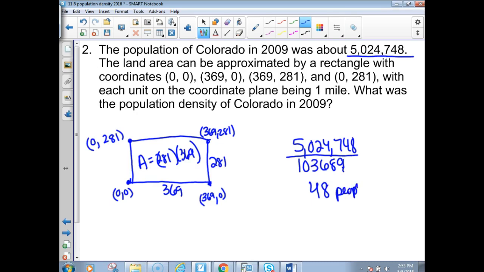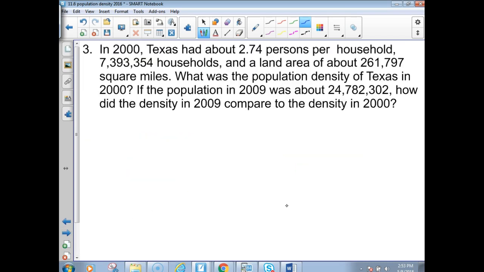Okay, number 3. Texas had about 2.74 persons per household, and there were 7,393,354 households. And you've got a land area of about 261,797 square miles. What's the population density of Texas in 2000?